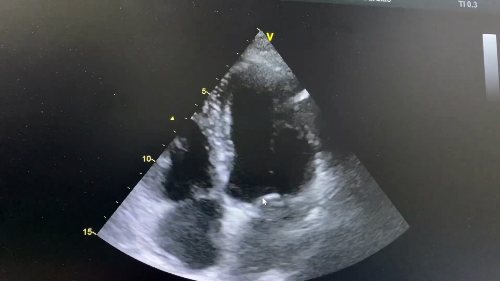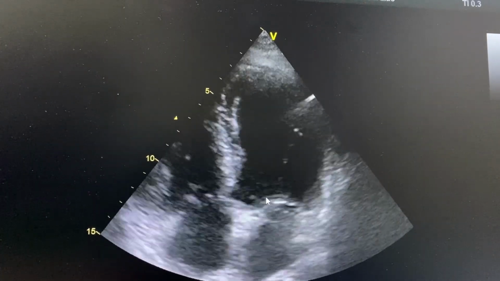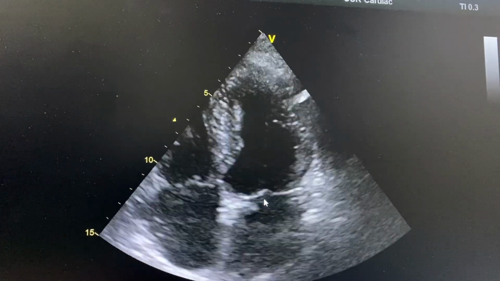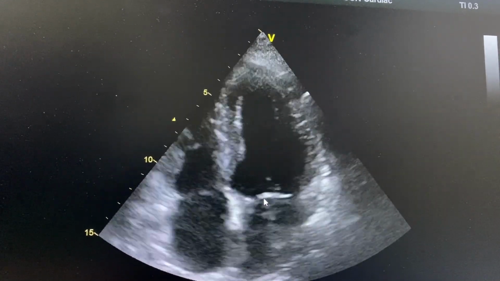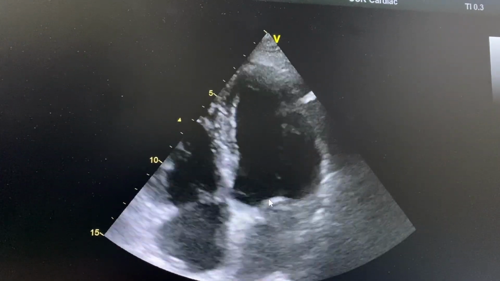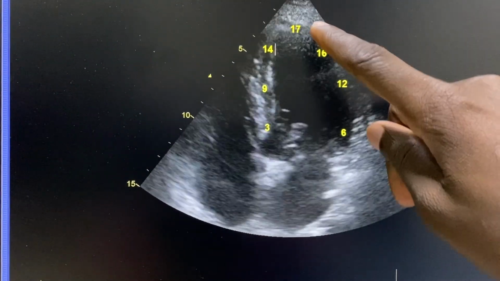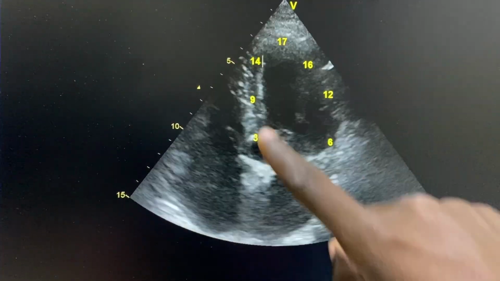But remember, I have to go back to the other images. Where did I put the numbers? For example, basal anterior was number 1. Basal anterolateral was number 6. So I'm going to put numbers. Remember, I've told you that this one is anterior, anterolateral, and this is inferior septum.